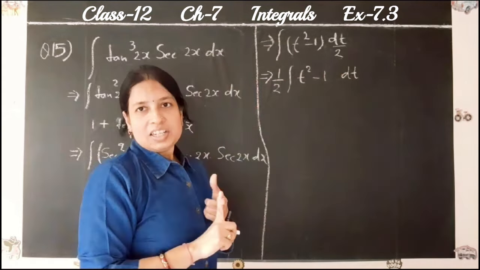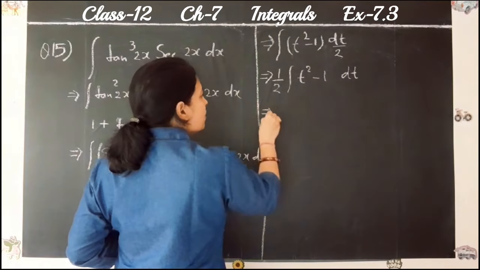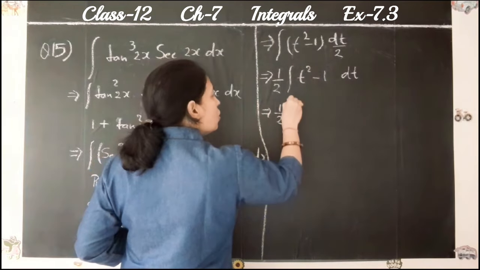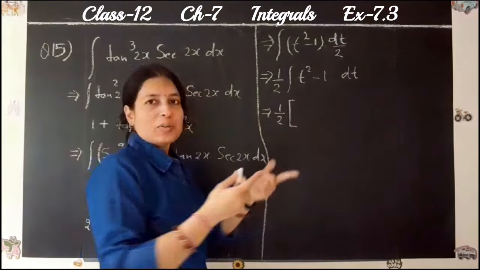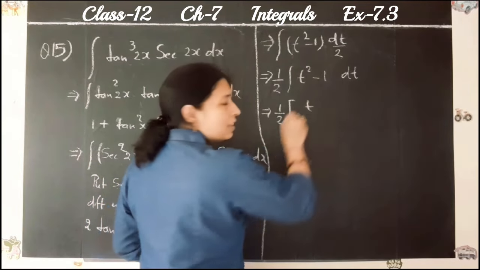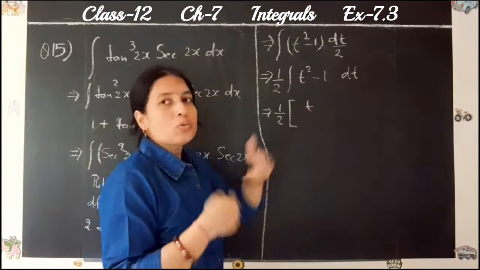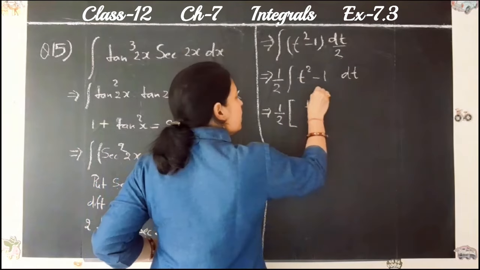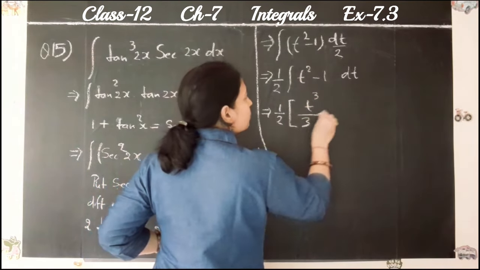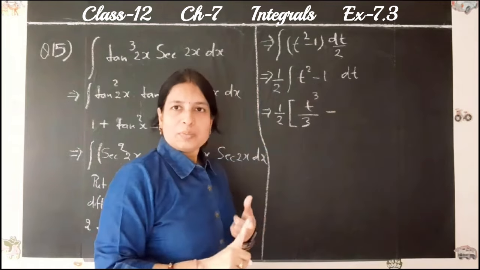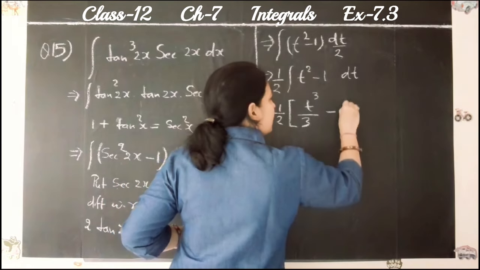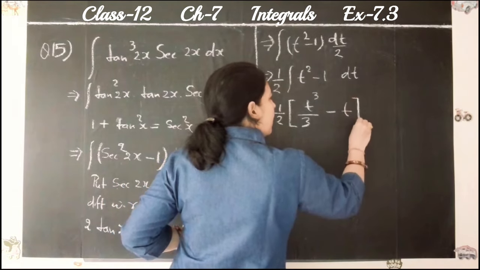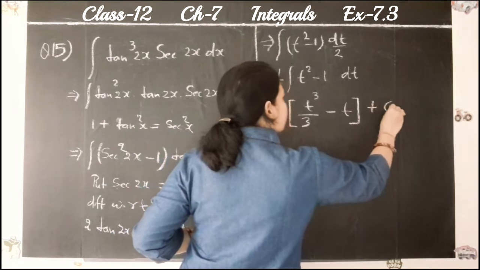Now we can easily integrate. So it will be 1 by 2. What is the formula for integral of t square? In place of n it is given 2, so it will be 2 plus 1, 3, t cube by 3 minus integral of 1 will be t, and write a constant c.